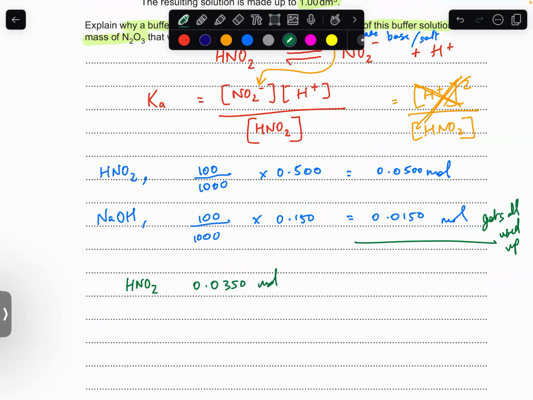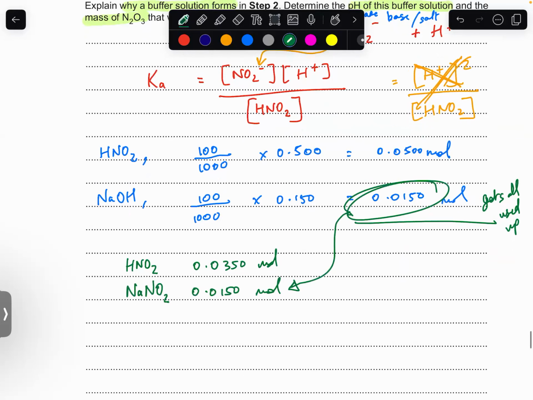And for the sodium nitrite, which is this, you're going to have 0.0150. Where's that value come from? It's come from the sodium hydroxide that's formed the salt. Is that good so far?